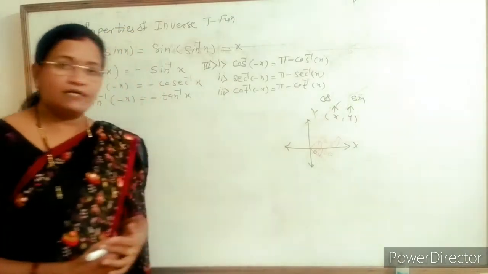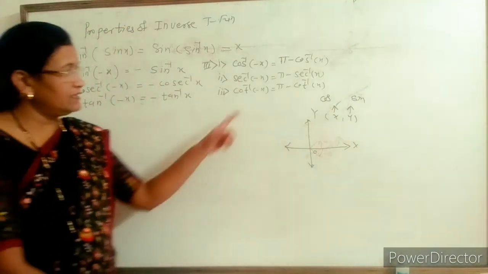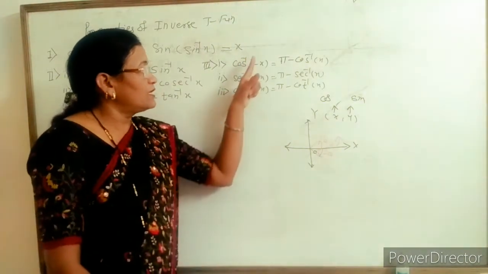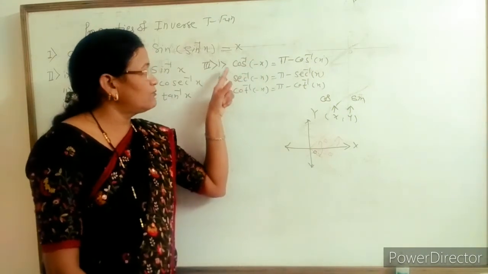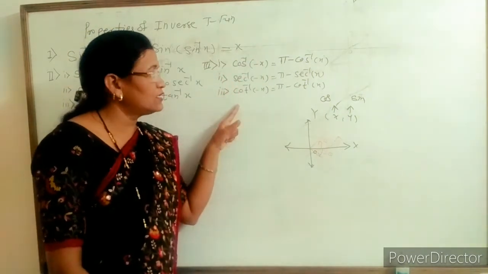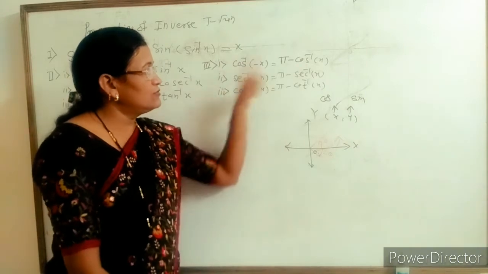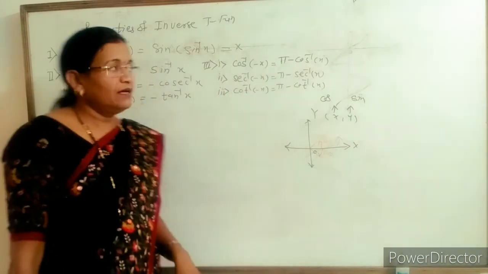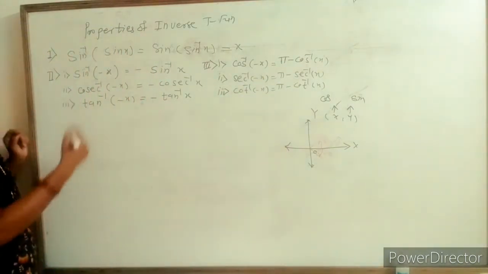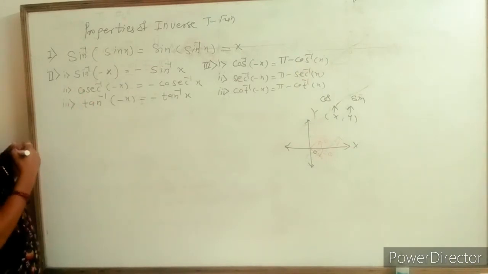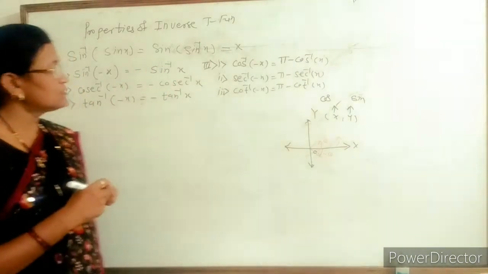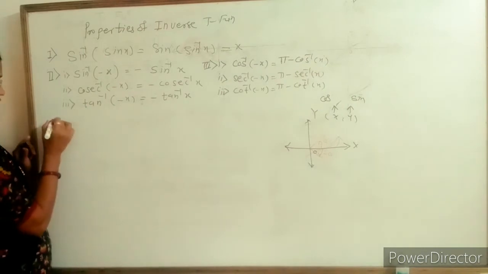By using the condition of supplementary angles, for negative numbers the inverse trigonometric functions for cosine, secant and cotangent give their supplementary angles, which means pi minus cos inverse x. Proceeding in this way, we find again the negative values for inverse trigonometric functions.